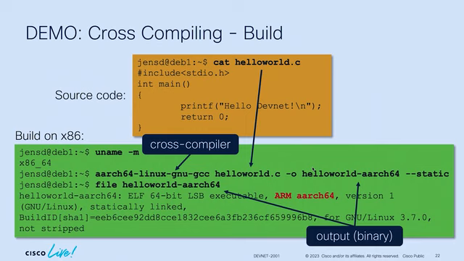What will I do? I have again this very much improved version of Hello World, but in C this time. I will compile it with the cross-compiler. My result will be a binary for 64-bit ARM, and then I will see on which machine I can run that.